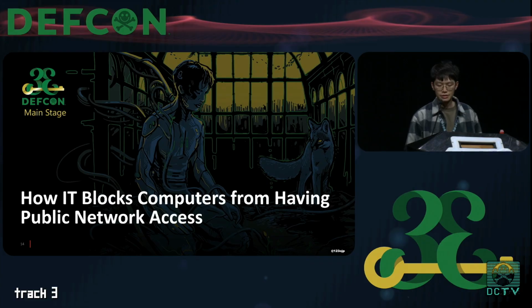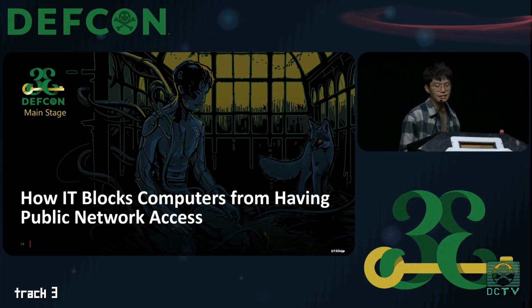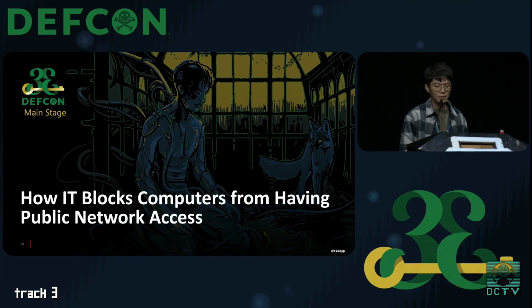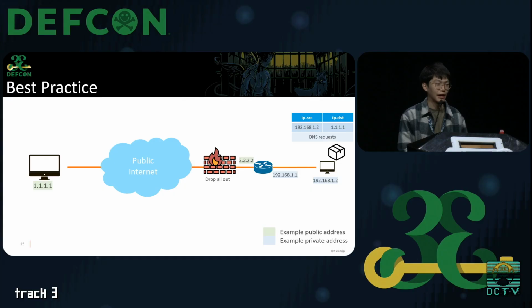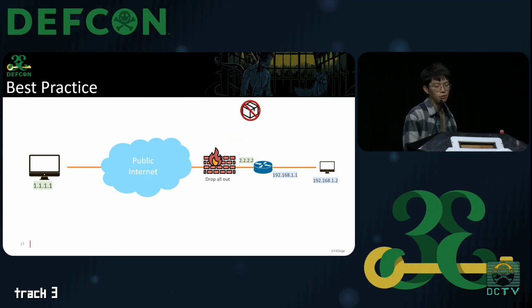Next, I want to dive into the company network infrastructure, and how IT will block a computer from accessing the public network for security purposes. For best practice, when a packet is sent from a crucial server to a public IP, it will arrive at the firewall, and the firewall will drop the packet.